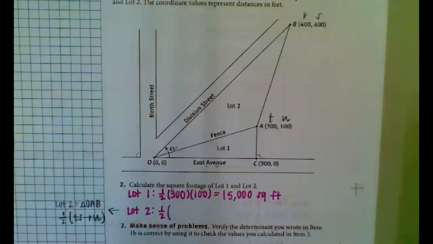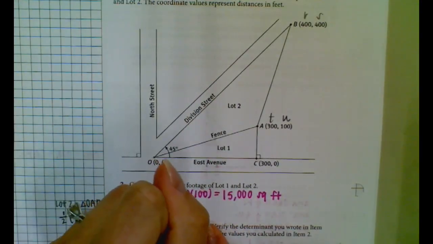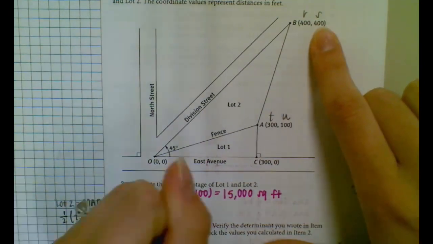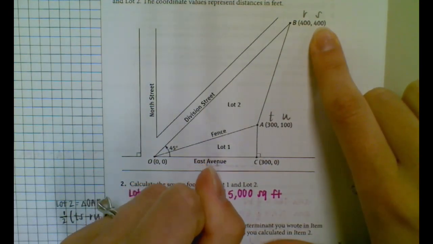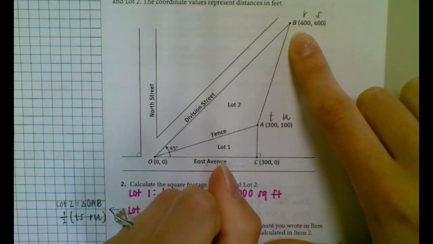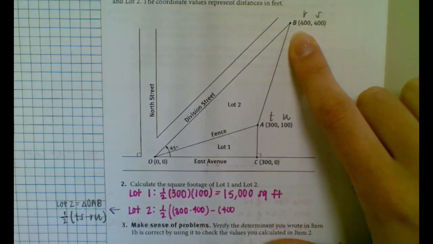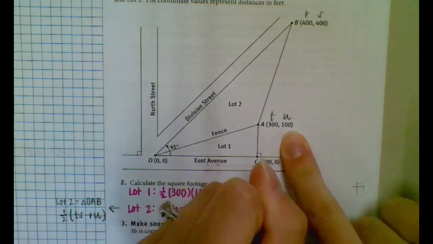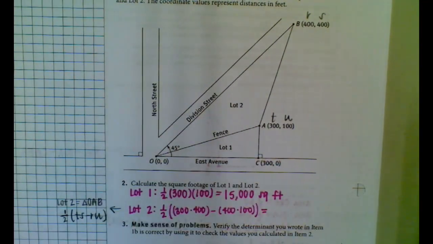So we have 300, that's T, S was 400, and I'm going to subtract that by R of 400 multiplied by U of 100. And I'm just going to type that into my calculator real quick.